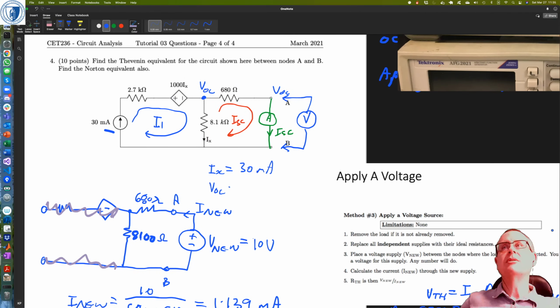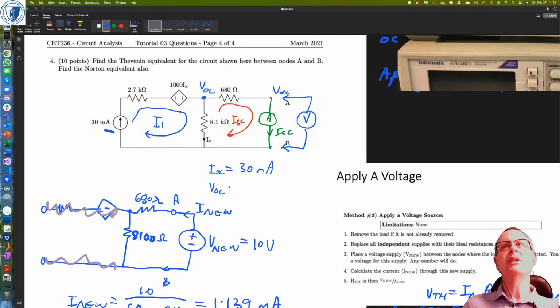The open circuit voltage test, as I said earlier: we just take our voltmeter and place it across where the load would be. Because there's no current flowing through that 680 ohm resistor, the open circuit voltage here is the same as the voltage at that node there.